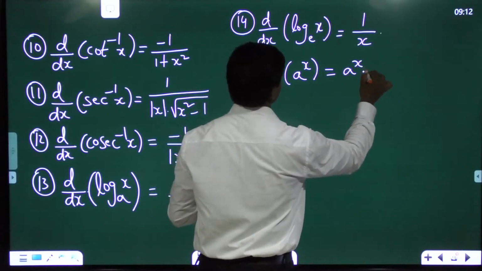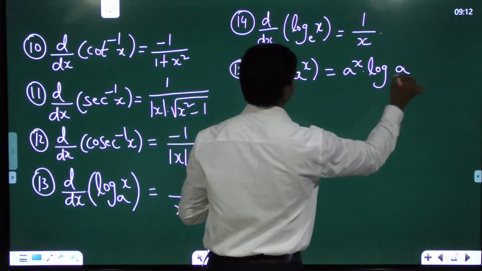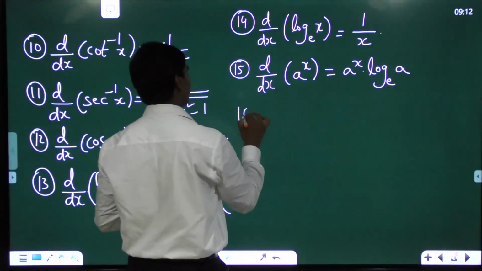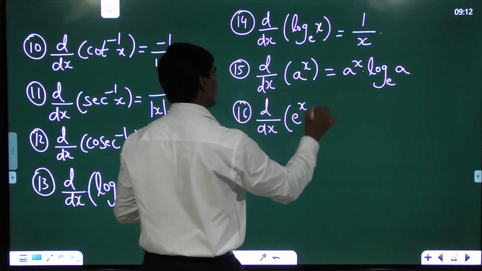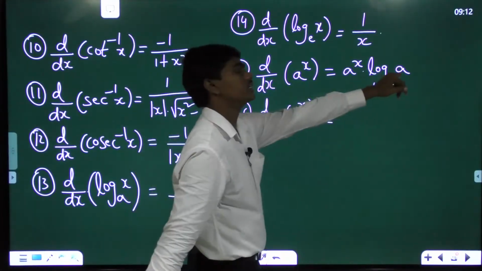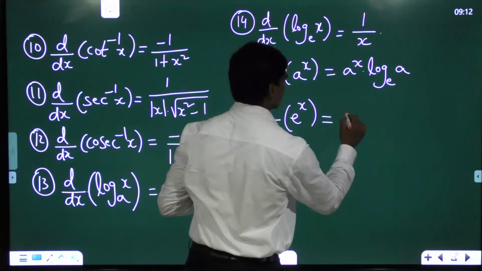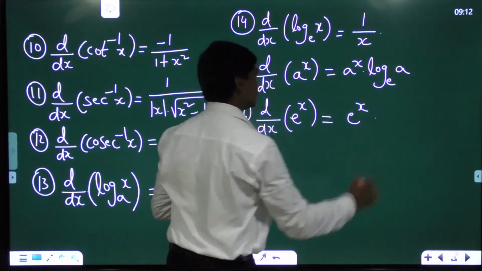Yes, a power x into log a to the base e. So that's how the derivative of e power x is again e power x. Because if you put e in place of a here, log e to the base e is again 1. So e power x is the derivative of this.